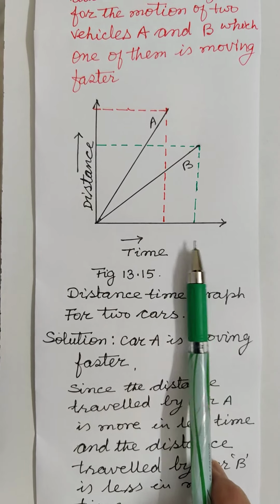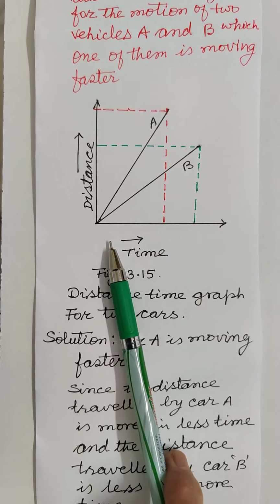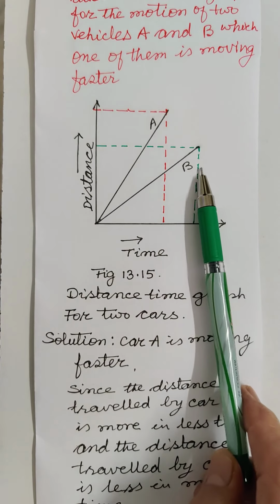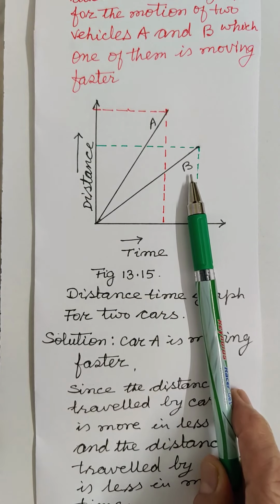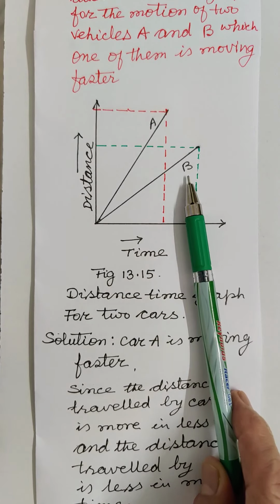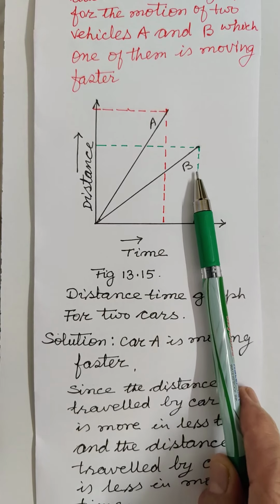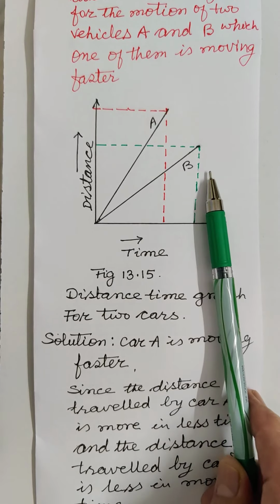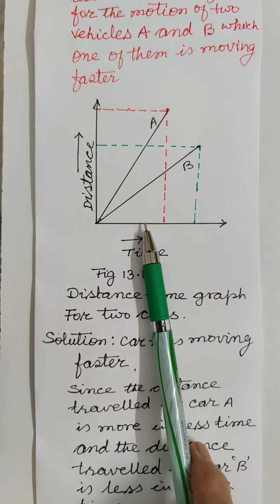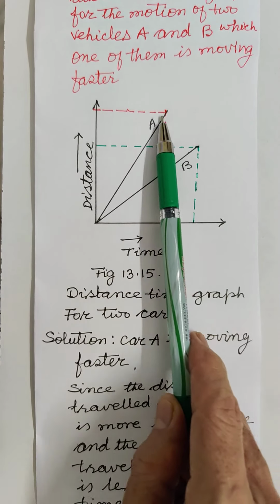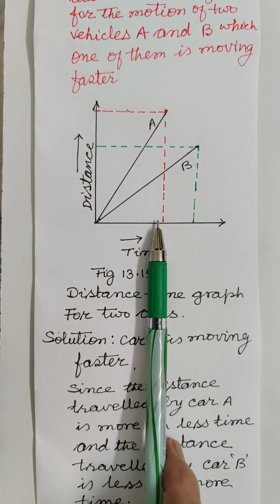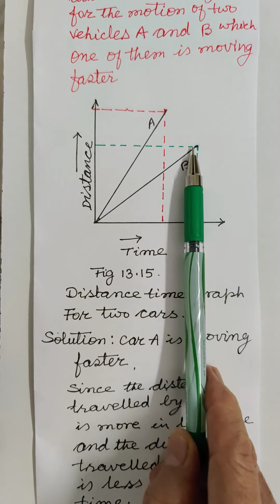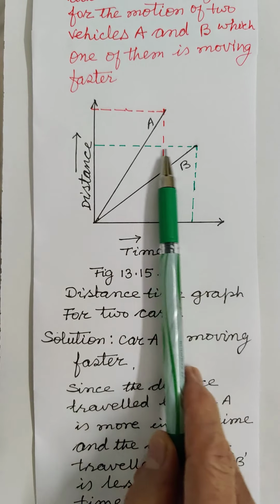It is clear that the time taken by vehicle B is more than the time taken by vehicle A, and the distance travelled by vehicle A is more, which is mentioned with red color, and vehicle B is mentioned with blue color.